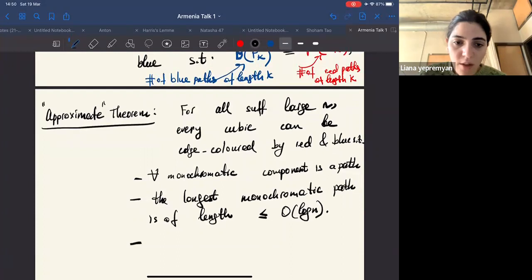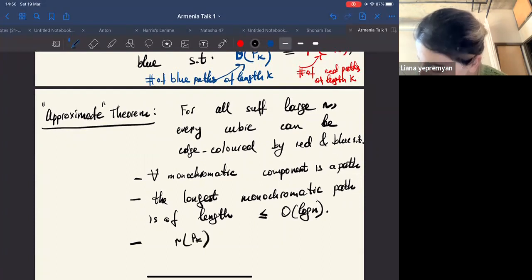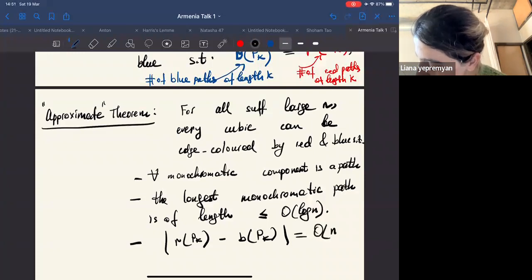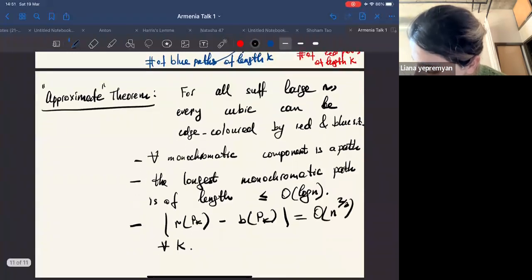And the third one says that if I look at the number of red paths of length k minus the number of blue paths of length k, then this is at most some constant times n to the 2/3 for every k. Okay, so P1, P2, P3.